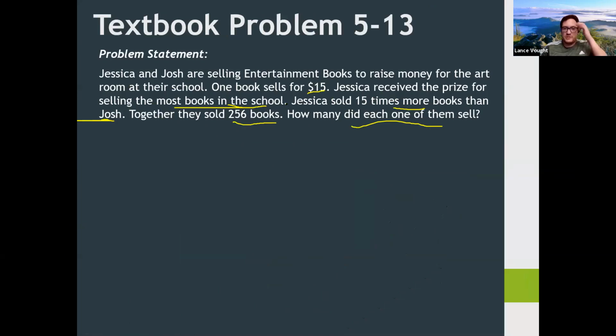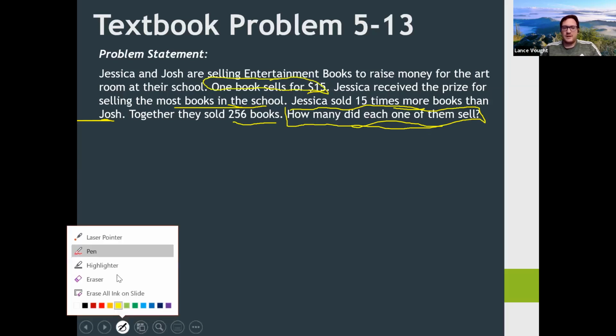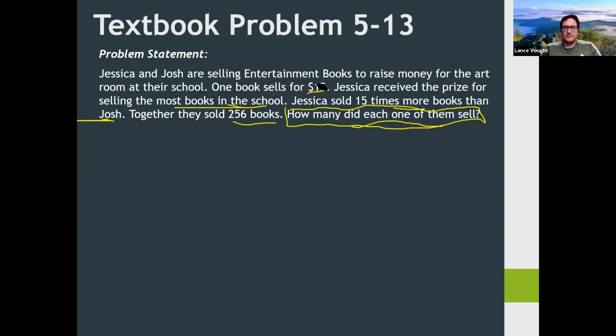So the question is, how many books did each of them sell? Remember how I said go to the call to the question first and then go through and read? The reason why I do this is because this information is irrelevant. It doesn't matter how much you sold the book for, because it doesn't say how much in total sales they sold.